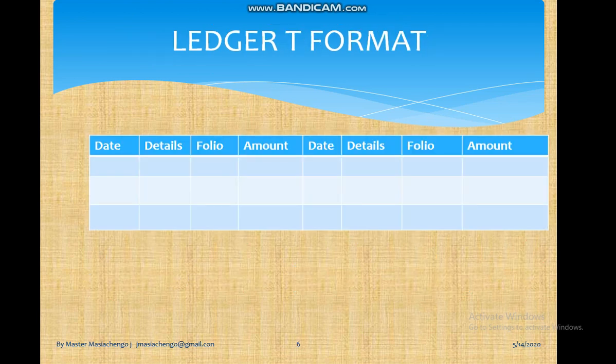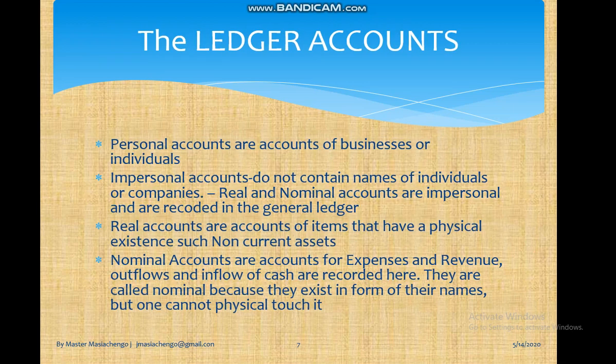So we have got the personal ledger, receivable and payable, impersonal, real accounts, and nominal accounts. Maybe let me get to this slide a little bit to help those who might not be getting me right here. Personal accounts are accounts of businesses, of companies, and individuals.